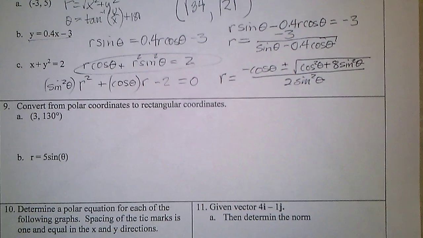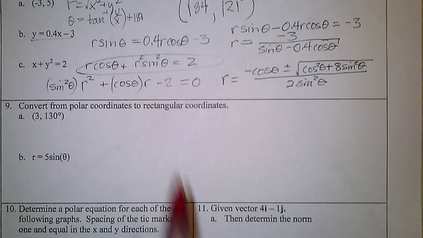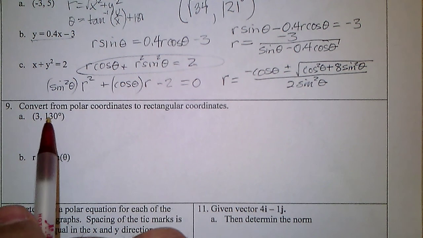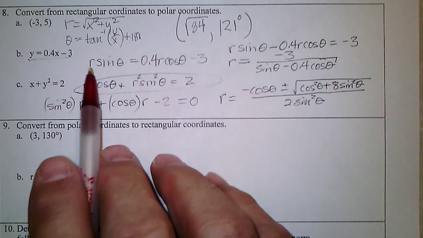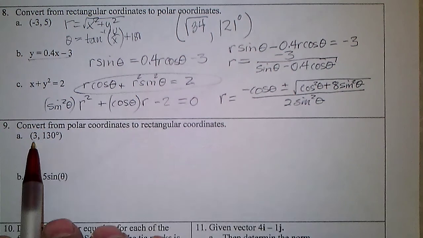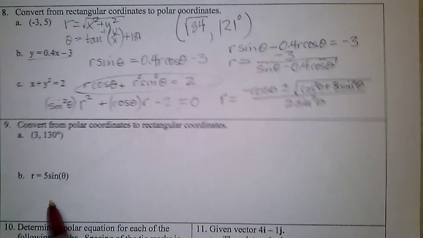Now, convert the polar to rectangular. So that's r and that's theta. And y is our r sine theta, and x is our r cosine theta.